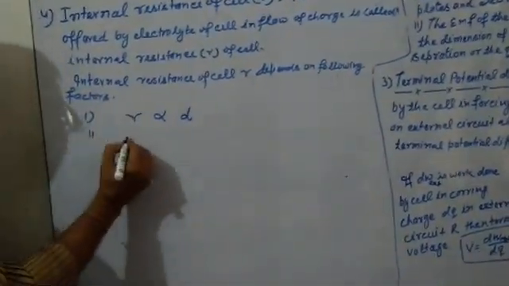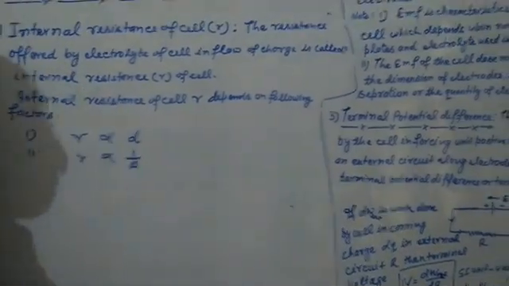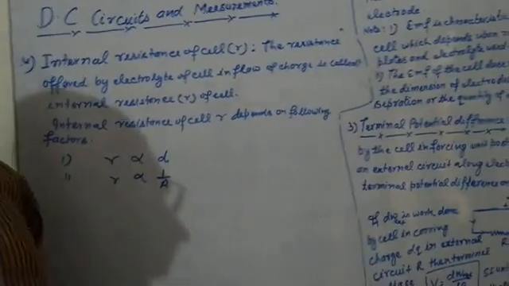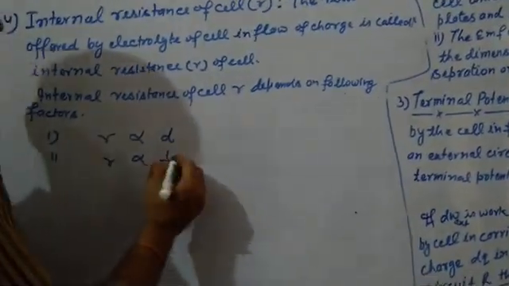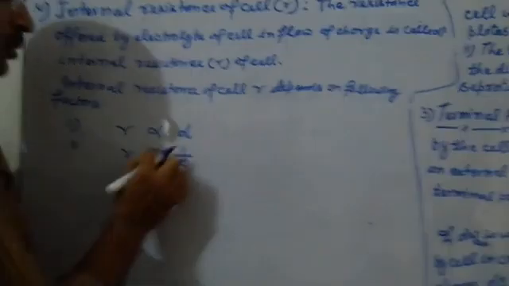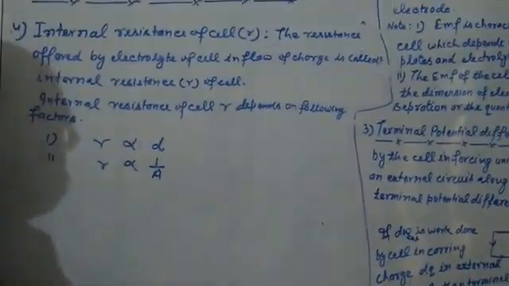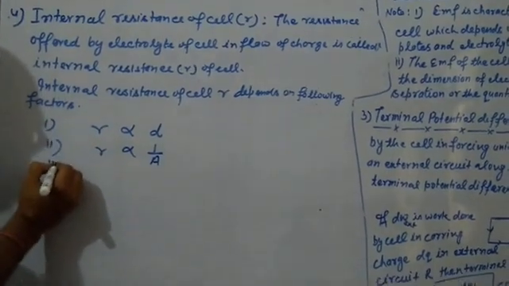And second, it is inversely proportional to the cross section area of the electrodes immersed in the electrolyte, means as the cross section area of electrodes immersed in the electrolyte increases, the resistance decreases.